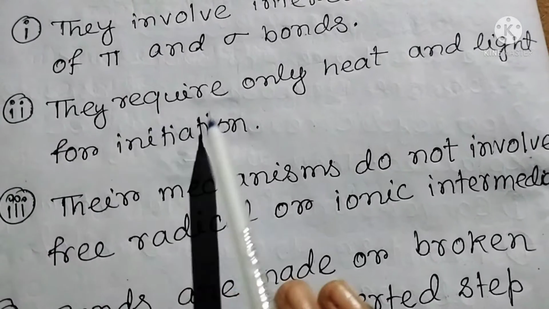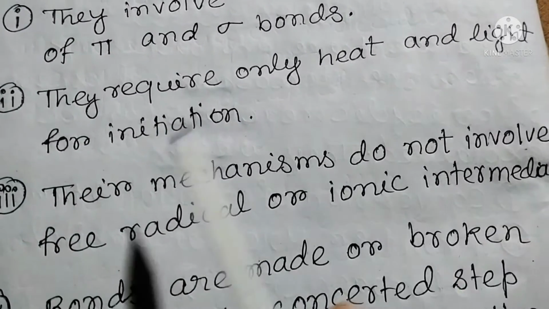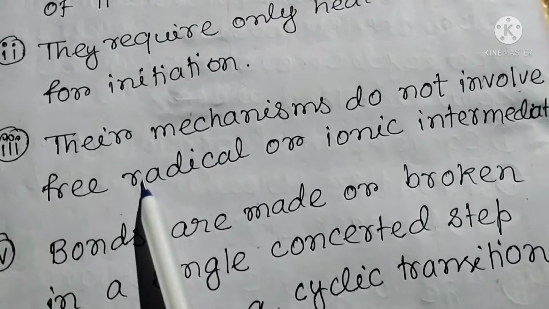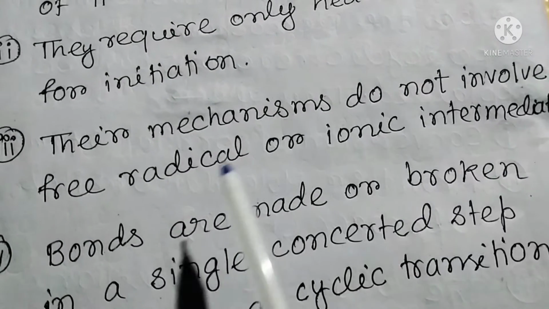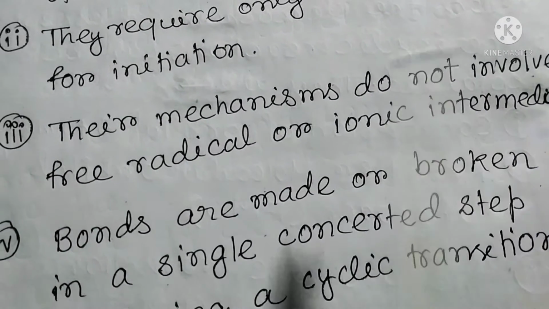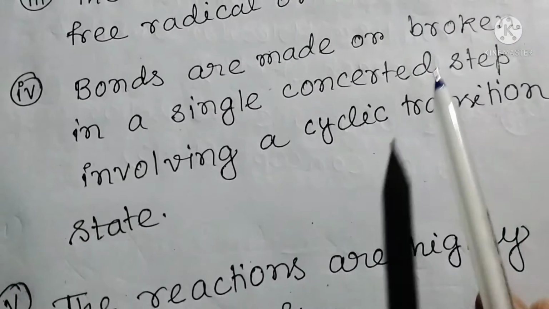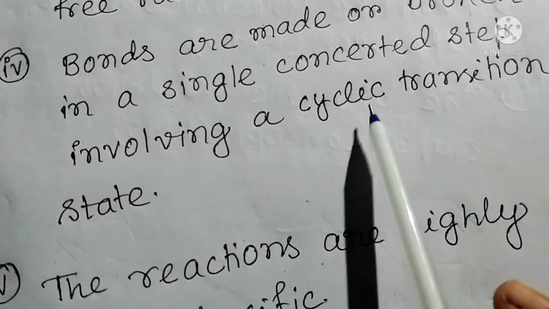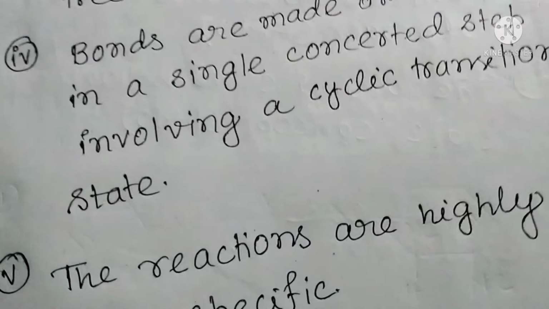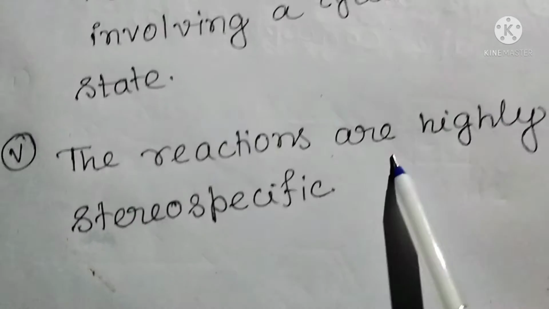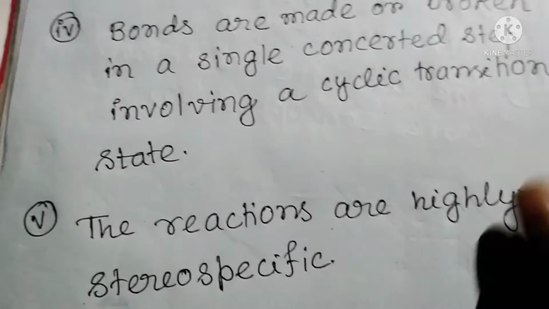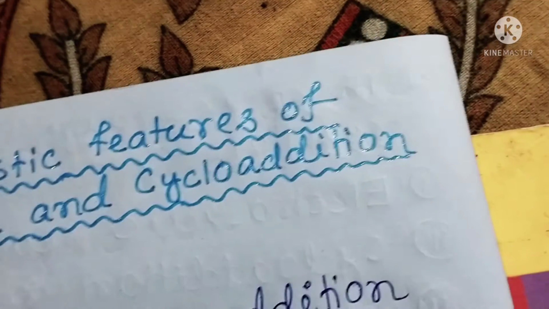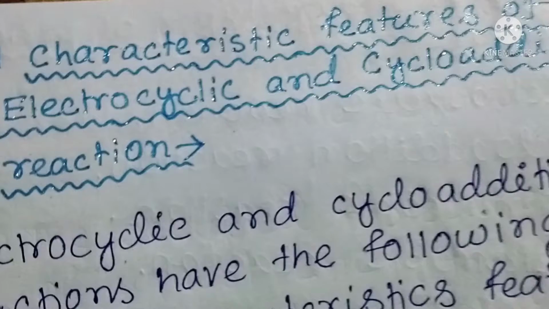They require only heat and light for initiation. Their mechanisms do not involve free radical or ionic intermediate. Bonds are made or broken in a single concerted step involving a cyclic transition state. The reactions are highly stereospecific. These are the characteristic features of electrocyclic and cycloaddition reaction.